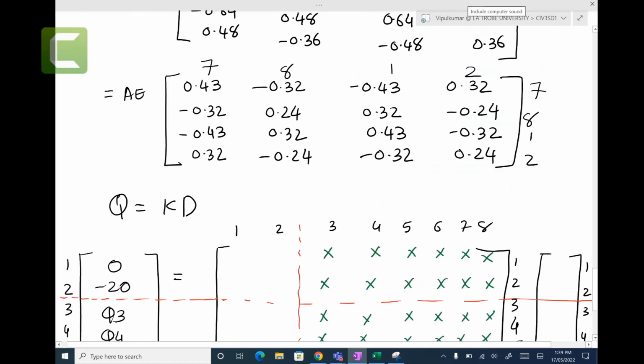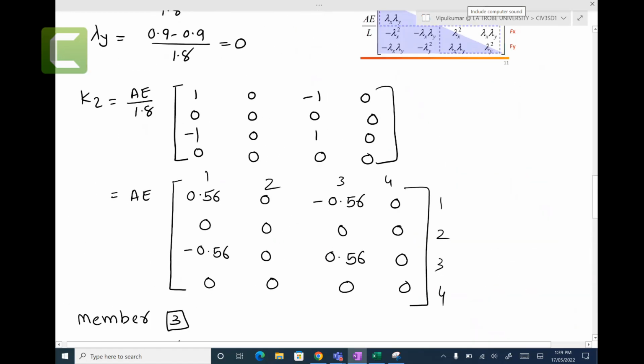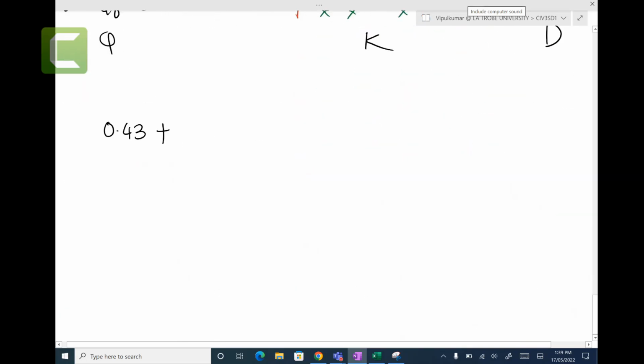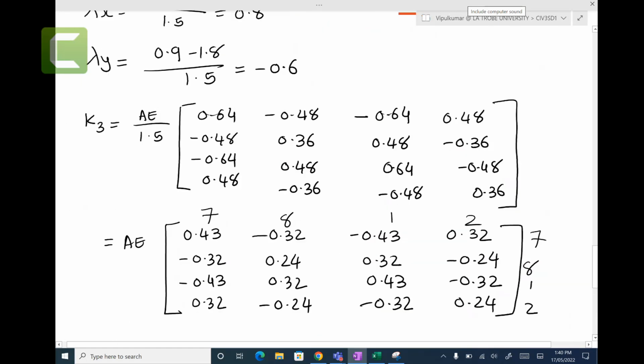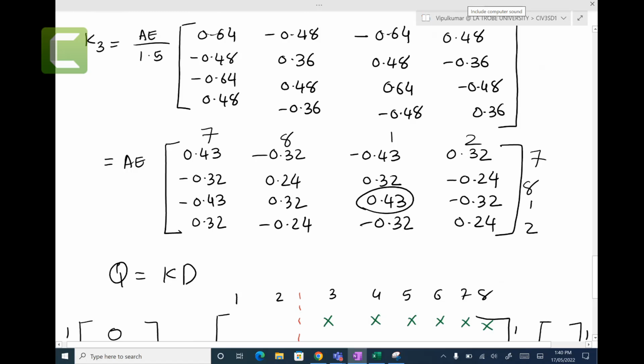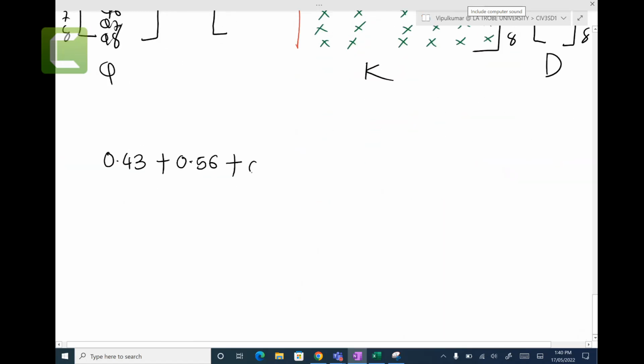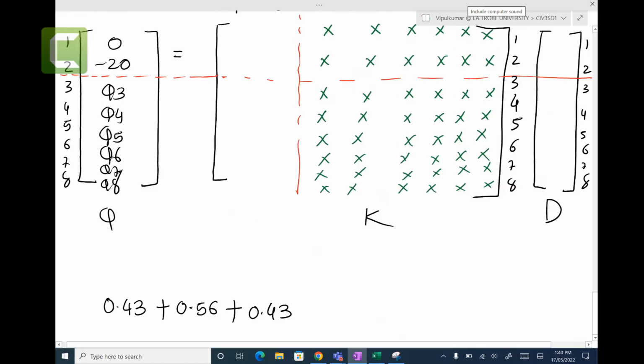Plus K2, row 1, column 1, 0.56, plus K3, row 1, column 1, 0.43. So you got 0.43 plus 0.56 plus 0.43. You got 1.42.